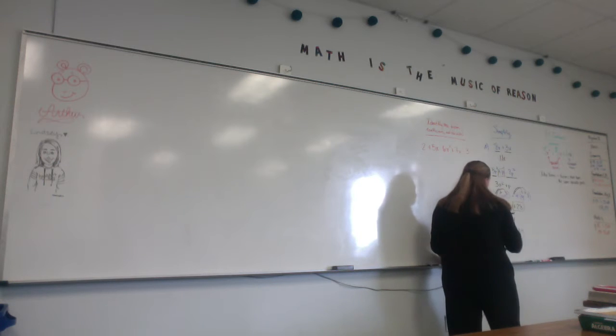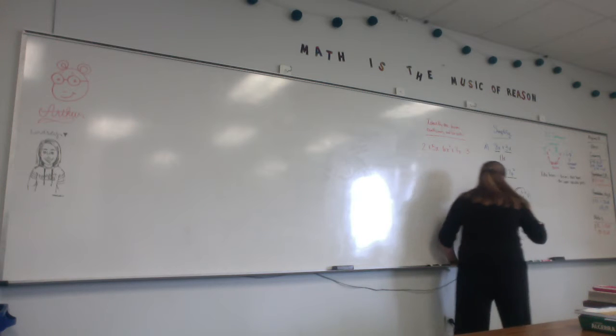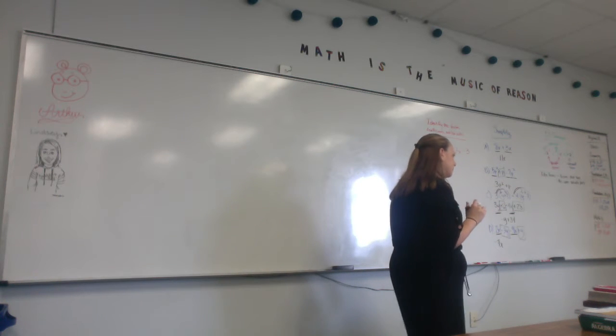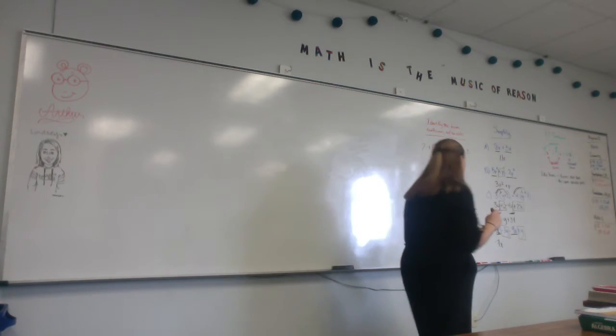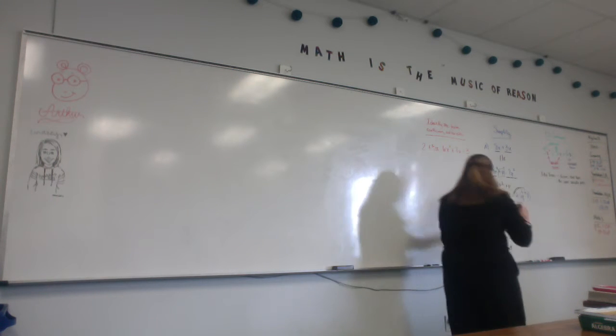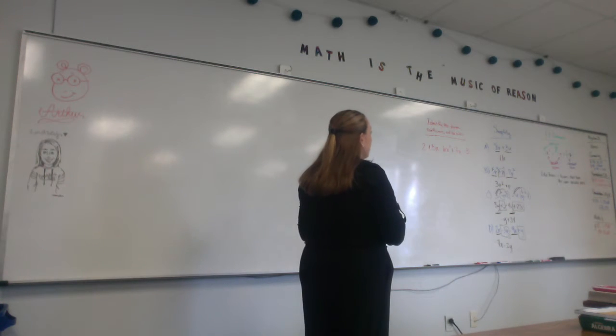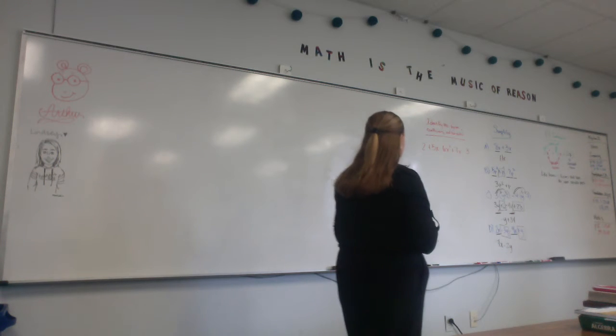And then that leaves negative 3y and positive y. So what's negative 3y plus y? Negative 2y. Good. And that's the simplified version. So when it says simplify, I don't get a number answer. When it says evaluate, I do.